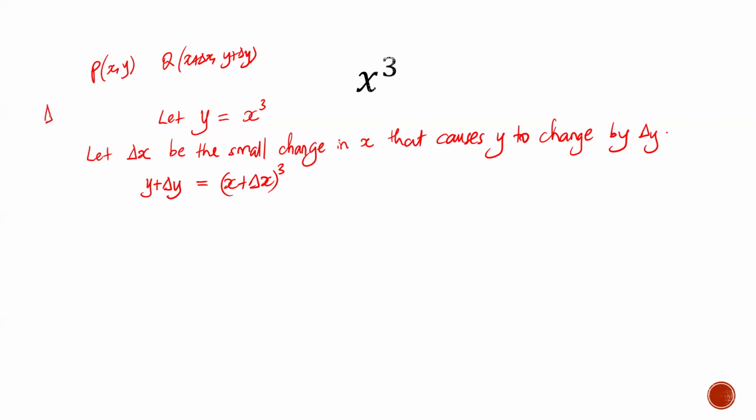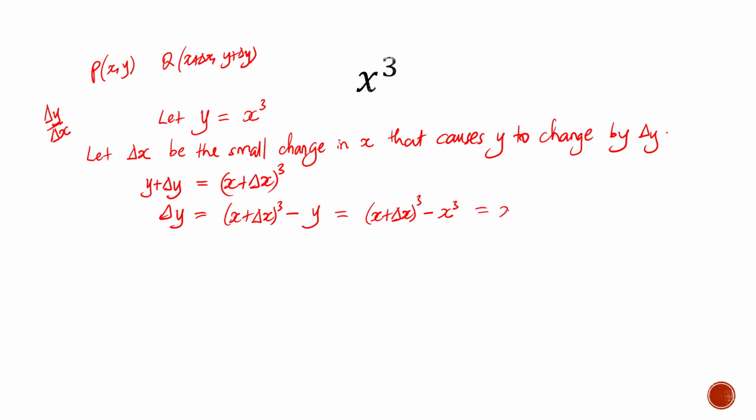But what do we want? We want the gradient of the chord PQ, which is delta y over delta x. So we could take our y to the left hand side, so it'd be (x plus delta x) cubed minus y. But our y is in fact x cubed. So you could go with a difference of cubes, or you could decide to expand.